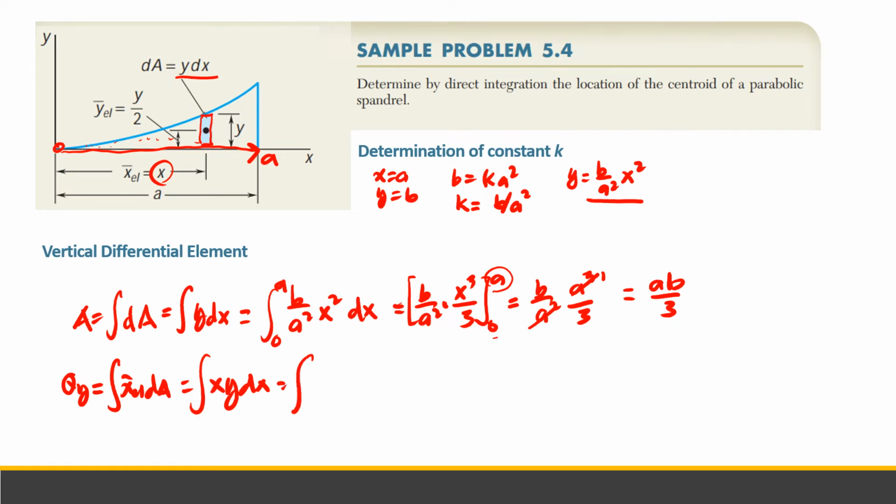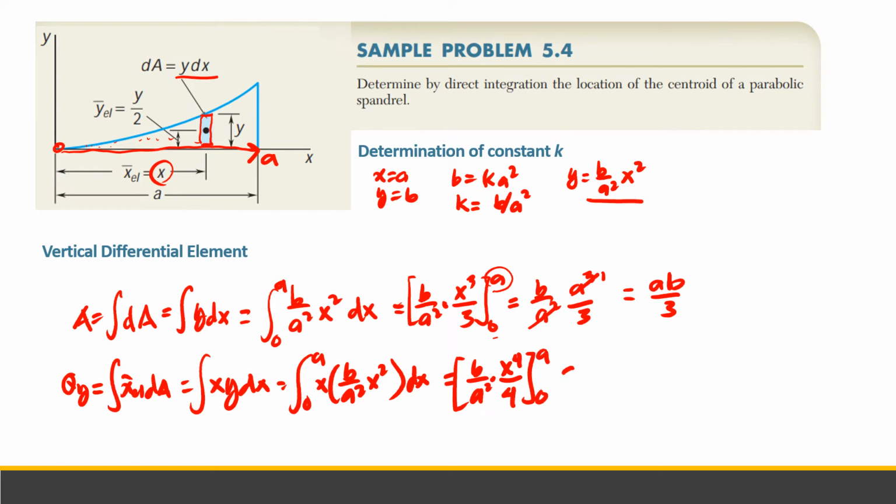And then we form the limit from 0 to a. So yung y natin is b over a squared x squared dx. Okay, so x times x squared is x cubed. So by performing the integral, magiging x to the 4 over 4. So yan yung value niya. So evaluating from 0 to a.